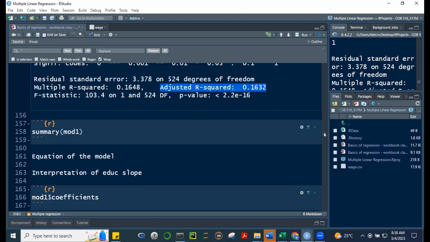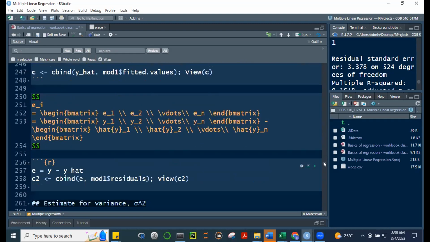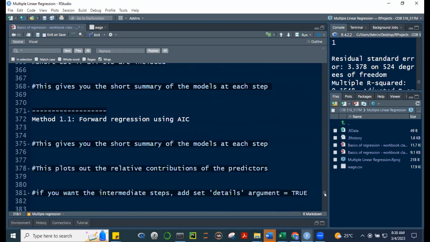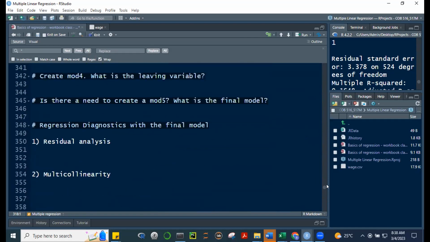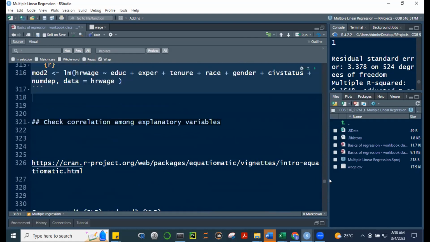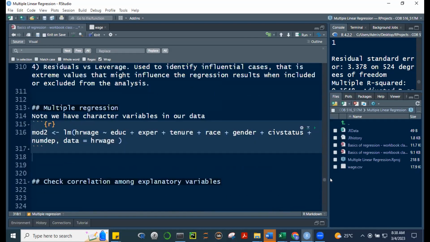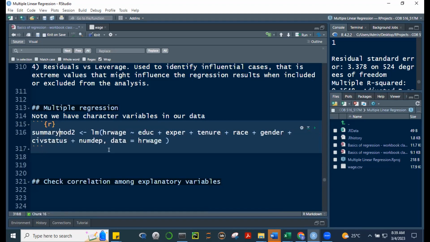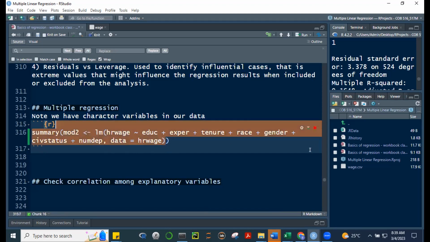So that's why it's important to have other relevant parameters in explaining your variable of interest, in this case, hourly wage. So I can put here summary, so that it will automatically print the output. All right, let's run this.